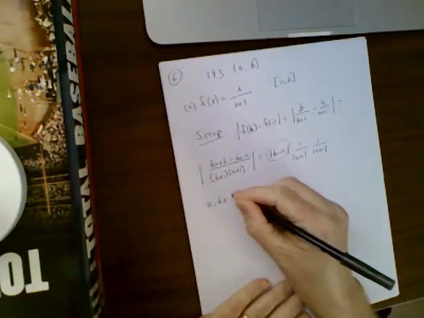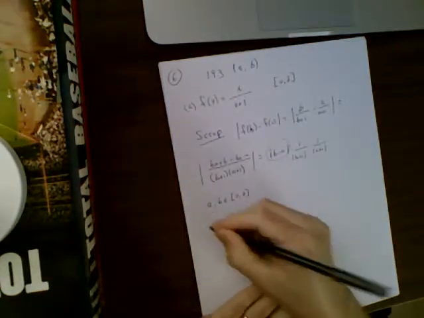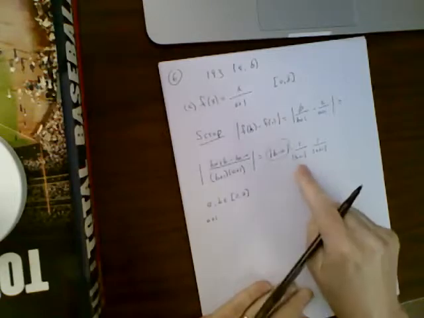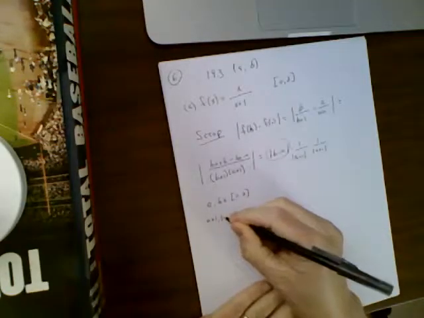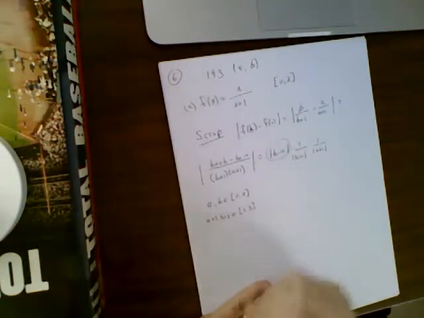Well, a and b are both in the closed interval from 0 to 2. That means a plus 1 and b plus 1 are both in the interval from 1 to 3.